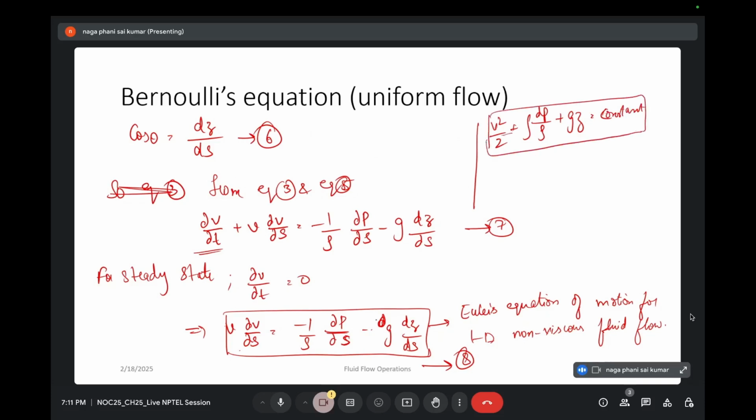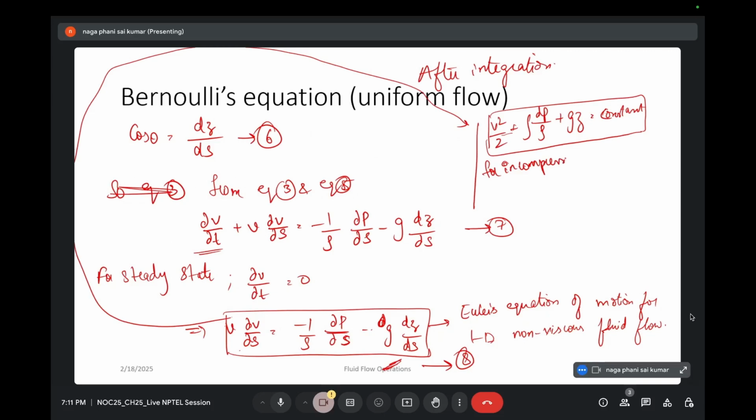For incompressible fluids, rho is constant, right?